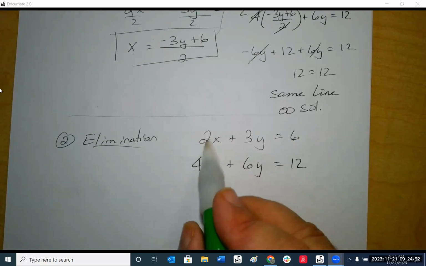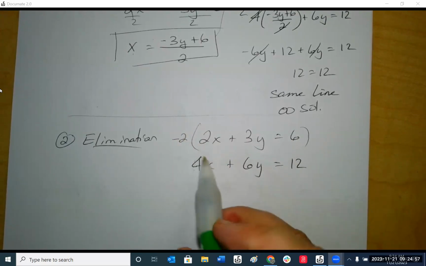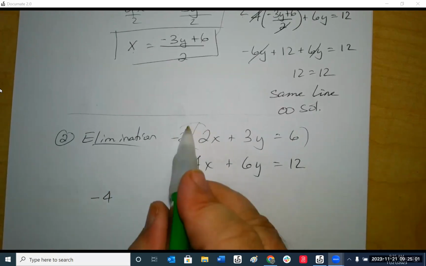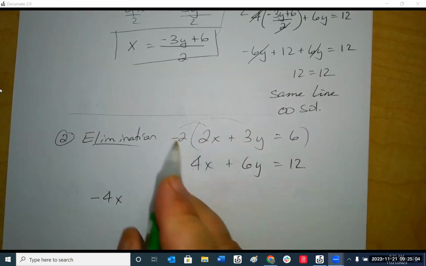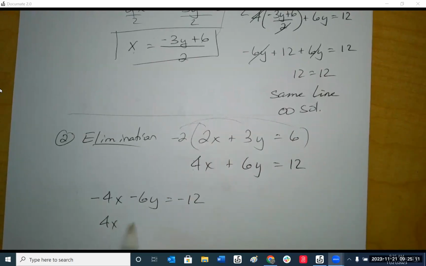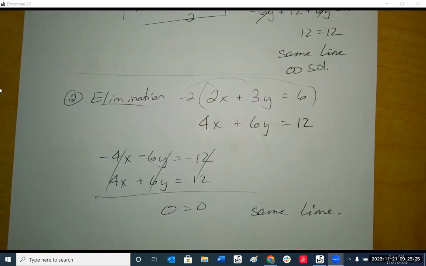So if I multiply the first one by negative 2, then I'll have a negative 4. So negative 2 times 2 is negative 4x. Negative 2 times 3 is negative 6y equals negative 12. And line 2, add the 2 lines. The same line.